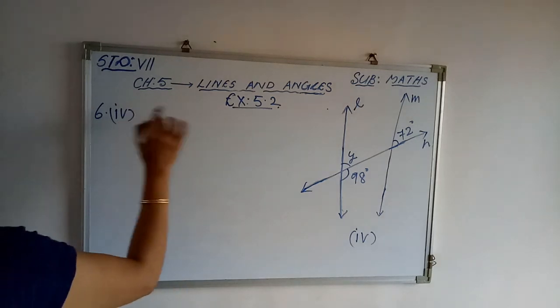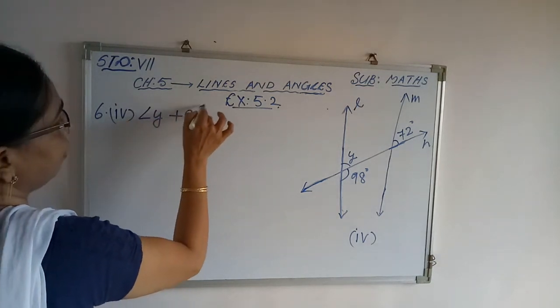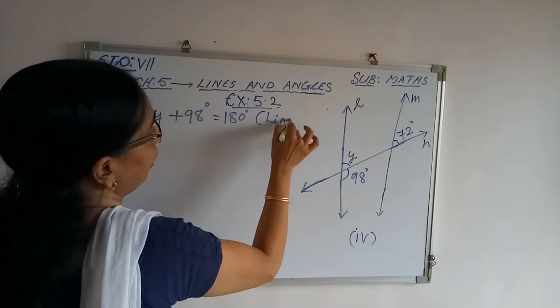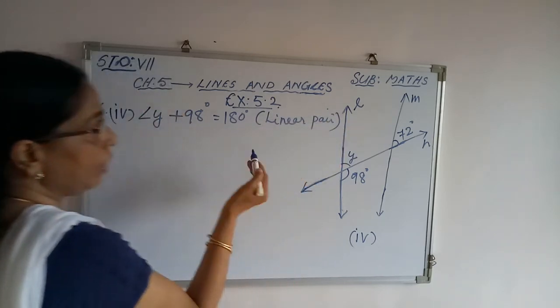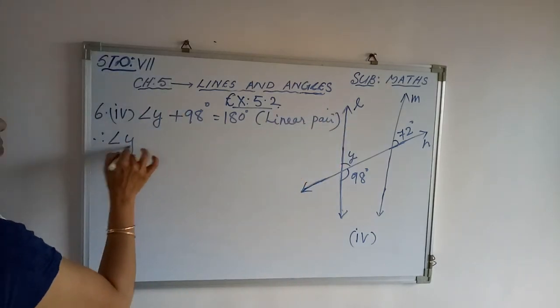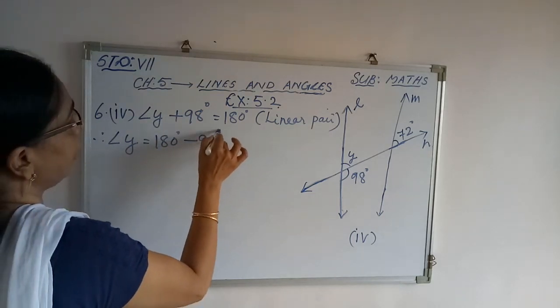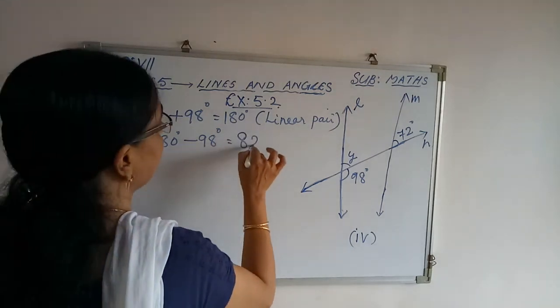So we can write in the figure, angle Y plus 98 degree is equal to 180 degree, linear pair. From this we can find out angle Y is equal to 180 degree minus 98 degree. What is 180 degree minus 98 degree? That is 82 degree.